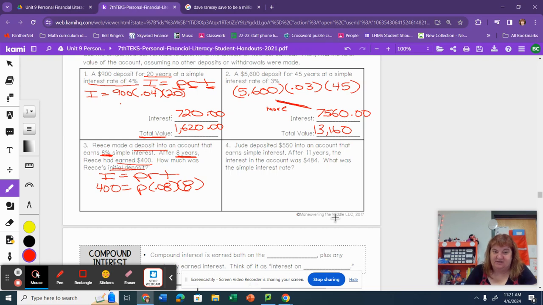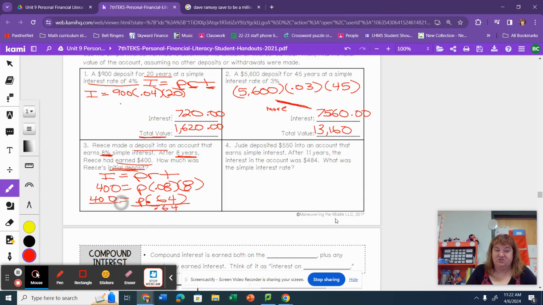So all we did was we filled in what we knew. We knew the interest. We don't know the principal, the initial amount. We know the rate. We know the time. So then we just work this out. We go 0.08 times 8. That's going to equal 0.64 times P equals 400. Then we're going to divide by 0.64.